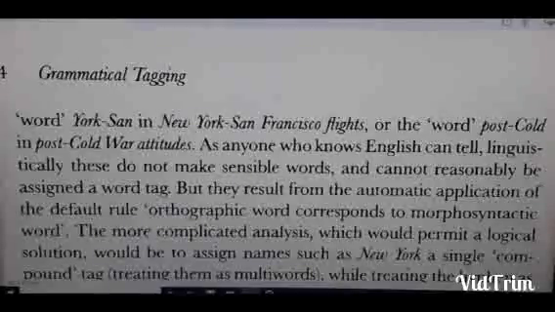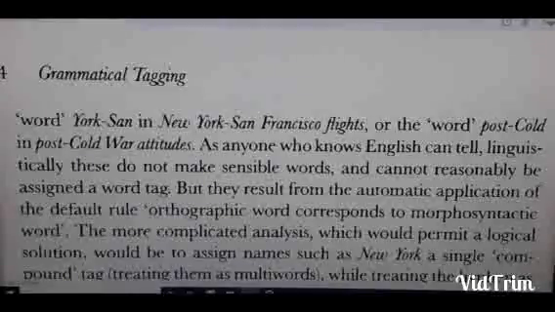As anyone who knows English can tell, linguistically, these do not make sensible words and cannot reasonably be assigned a word tag, but they result from the automatic application of the default rule: orthographic word corresponds to morphosyntactic word.